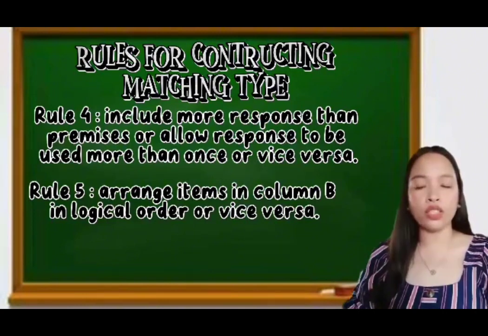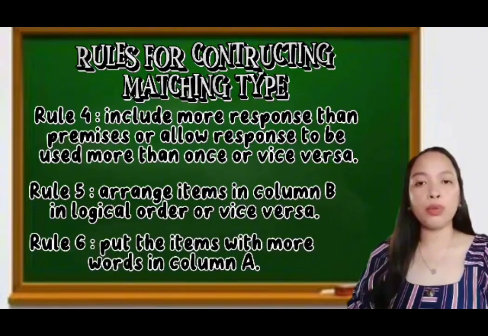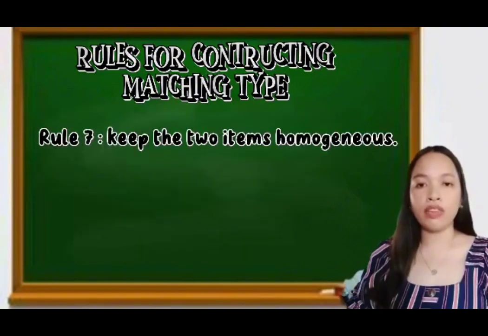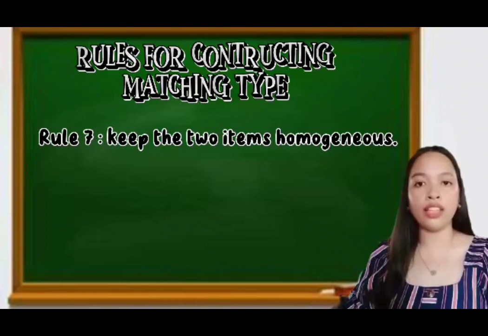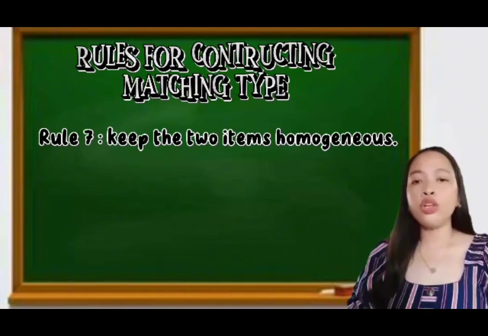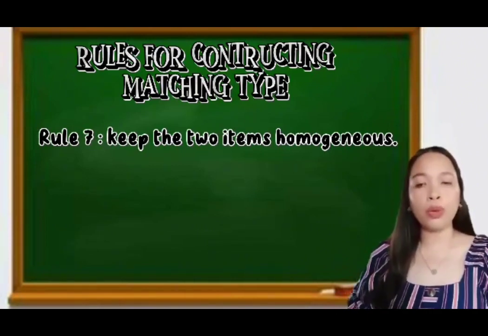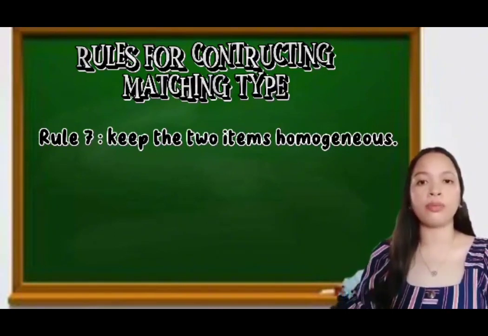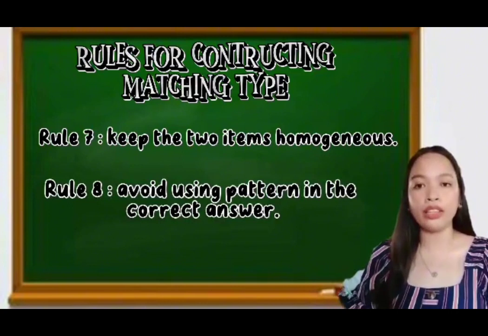Rule number 6. Put the items with more words in column A. Rule number 7. Keep the two sets of items homogeneous. There should be no keywords appearing in both premises and response, providing a clue to the correct answer. Rule number 8. Avoid using a pattern in the correct answers.